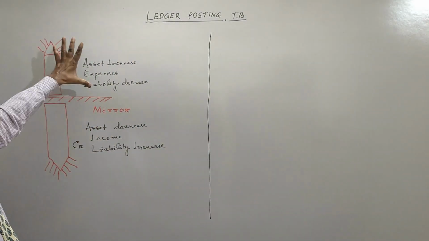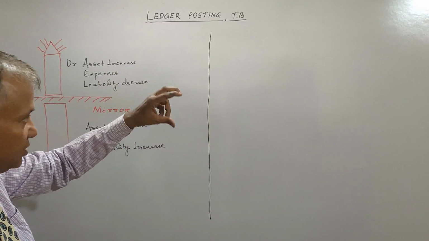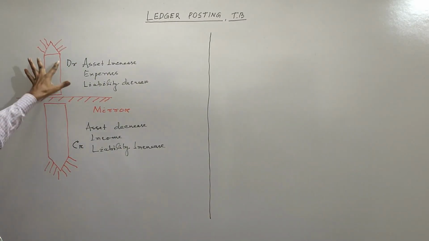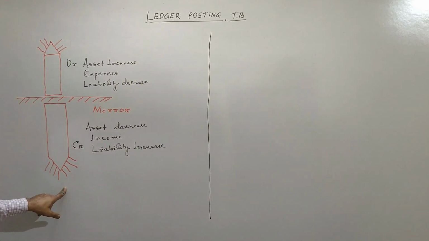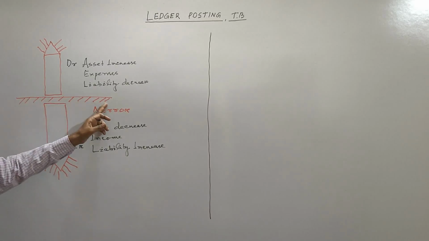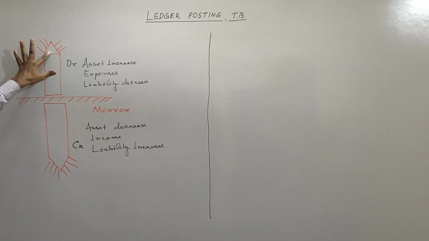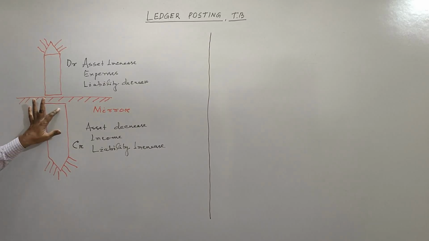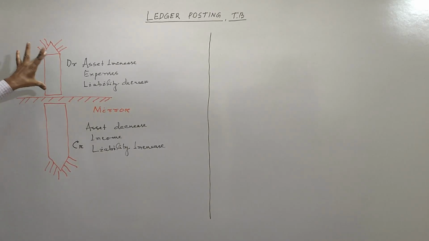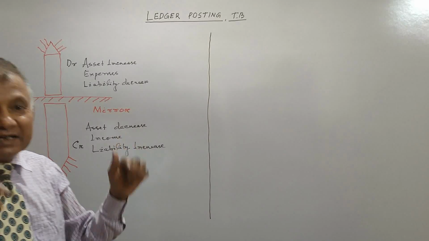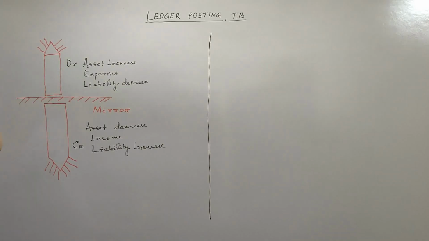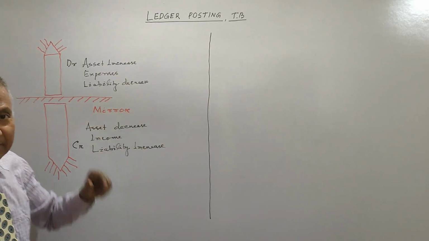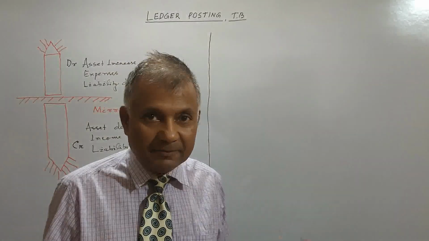So let me just revise the journal entry concept. This is a candlestick upward, debit. This is a candlestick downward, credit. This is a mirror. In front of the mirror, if you put a candlestick, you will see the opposite image in the mirror. So if it is debit, the opposite is credit. This is the mirror concept. Asset increase debit, expense debit, liability decrease debit.